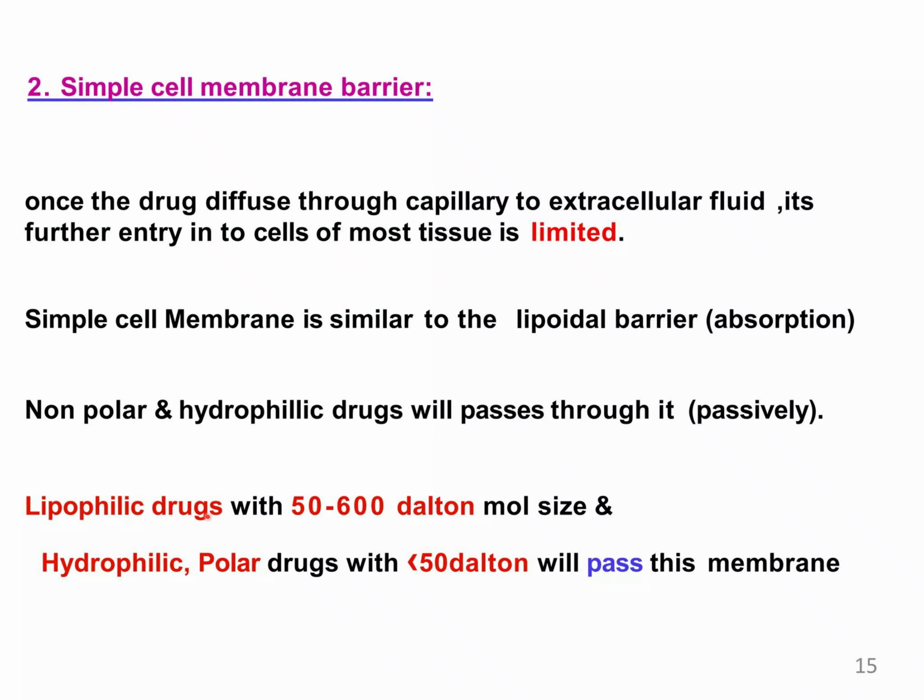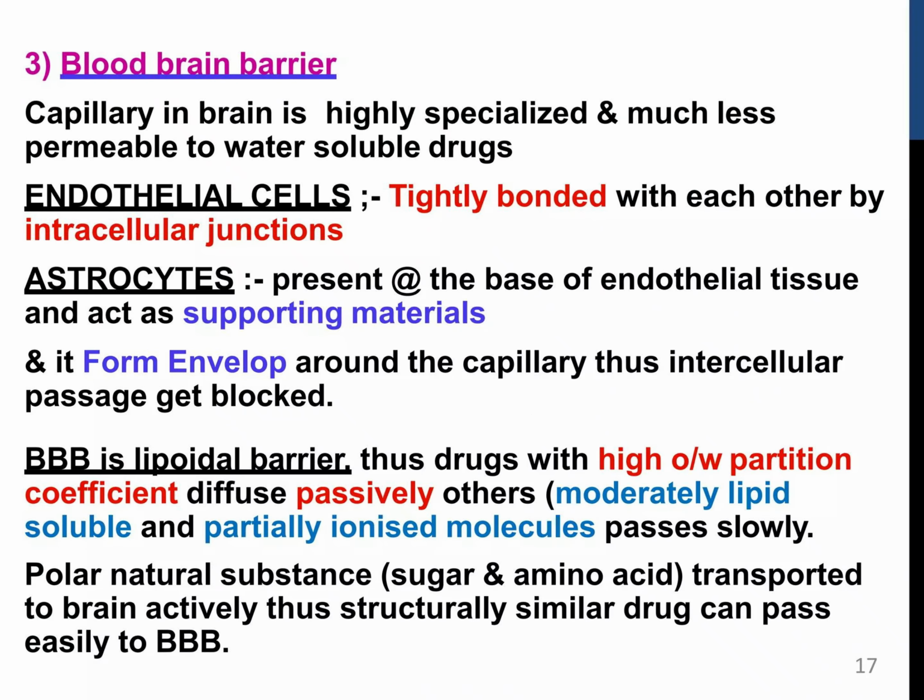Lipophilic drug has better accessibility because the drug is lipophilic and the cell membrane is lipophilic, so by passive diffusion, whatever the size is, they pass into the cell. But in case of hydrophilic or polar drug, a carrier is needed because they are hydrophilic but the cell is lipophilic. If their size is less than 50, it is okay, but if the size is more than 50, then obviously a carrier is needed.